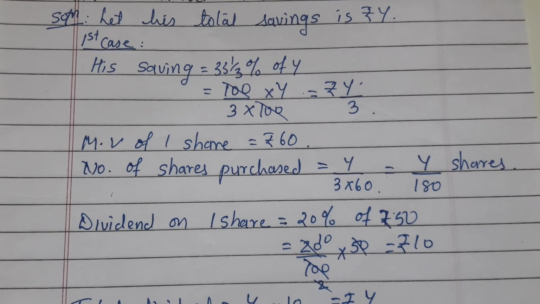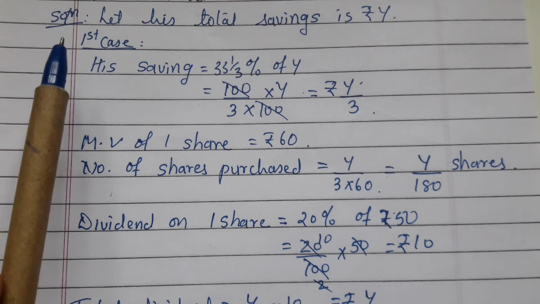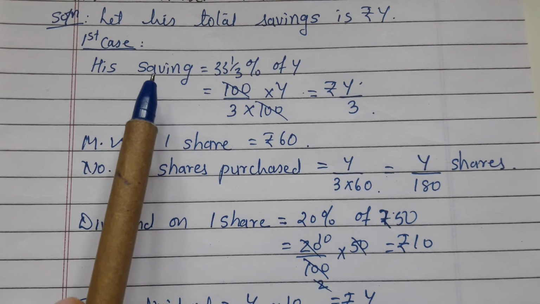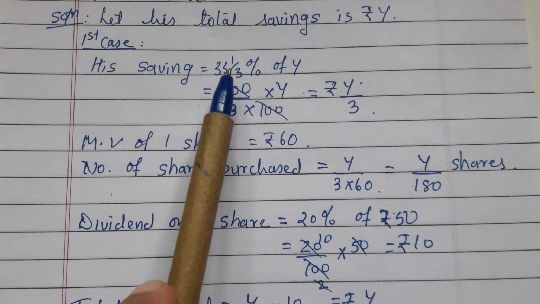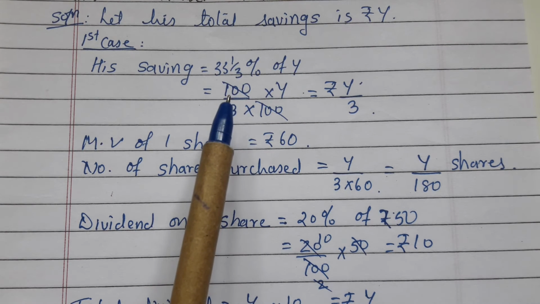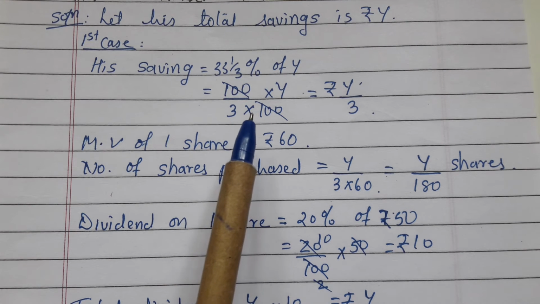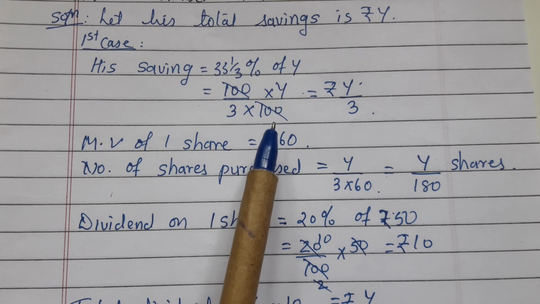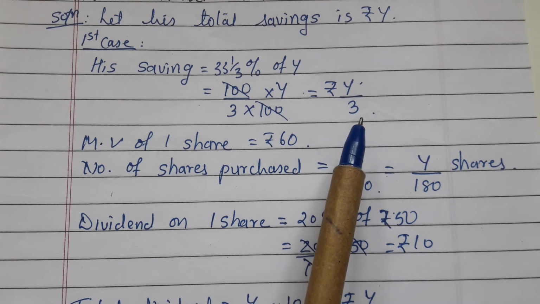Let his total savings be rupees Y. In first case, his savings is equal to 33 1/3% of Y. 100 upon 3 into Y upon 100, that is equal to rupees Y by 3.